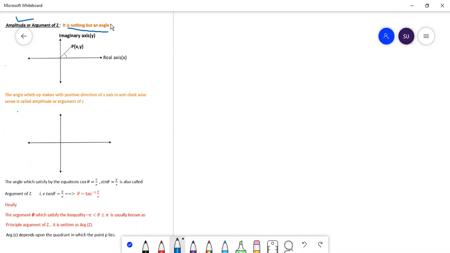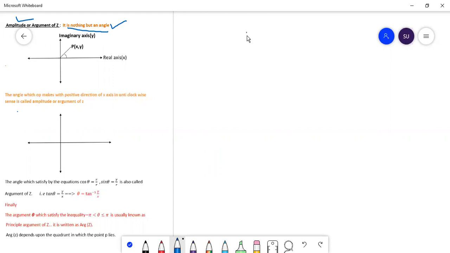This is nothing but an angle. Mod z is root over x square plus y square, which is a positive value, whereas amplitude is nothing but an angle. Then which angle is it? Okay, right. Now we will see.